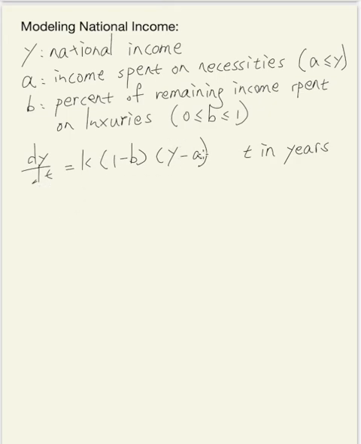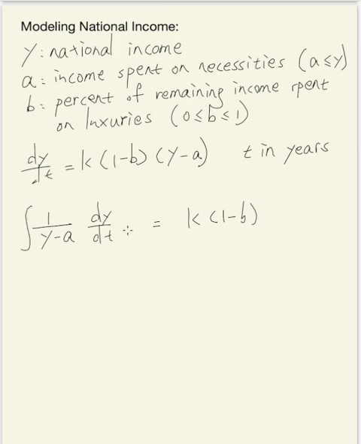Well, y minus a is the only part that depends on y, so let's divide both sides by y minus a. We get 1 over (y minus a) times dy/dt equals k times (1 minus b). Notice that k times (1 minus b) is just a constant.